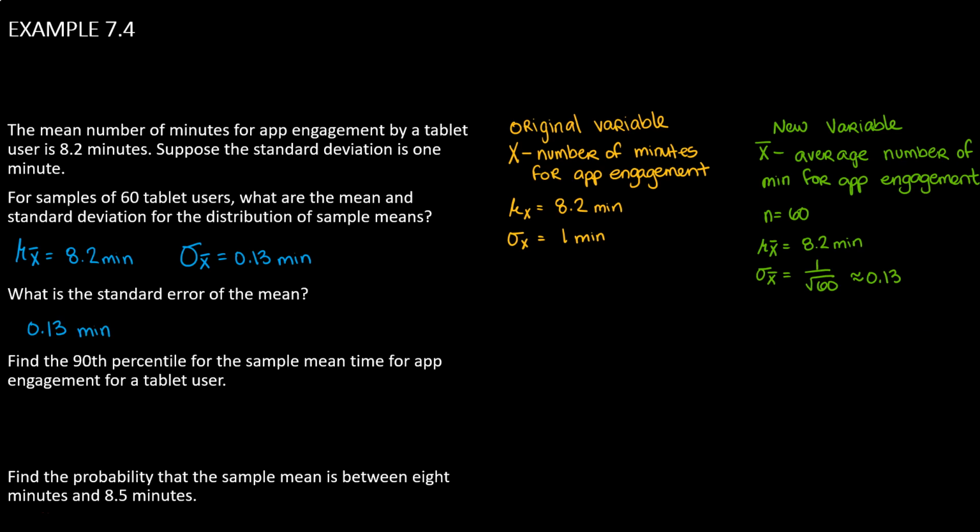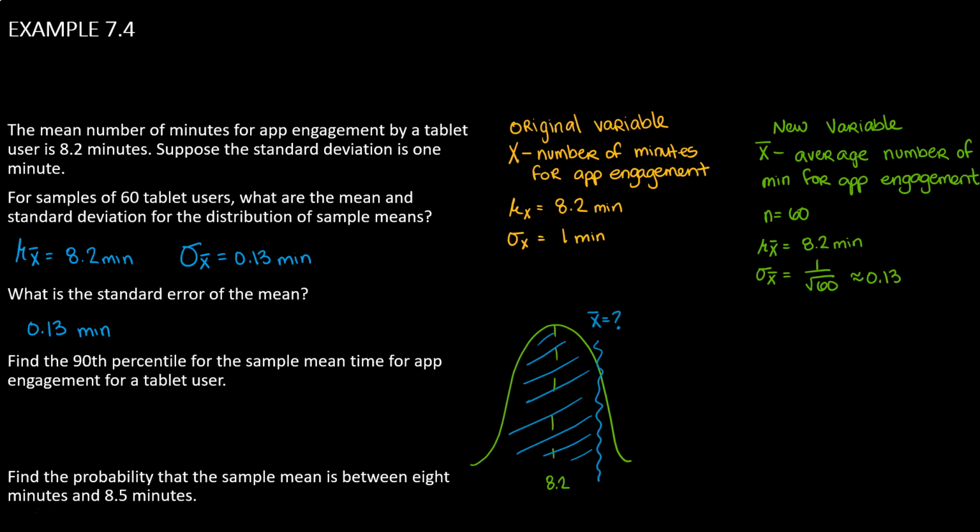Next, we're asked to find the 90th percentile for the sample mean time for app engagement for a tablet user. I like to draw pictures, so I'm going to draw a normal distribution for the data that we're considering. We have a mean at 8.2, and I'm looking for the 90th percentile, which means I want to draw a vertical line so that 90% of the area is on the left of that vertical line. If I wanted to use a table to solve this problem, I would look for area in the table close to 0.9000.